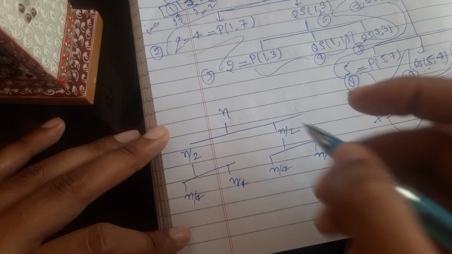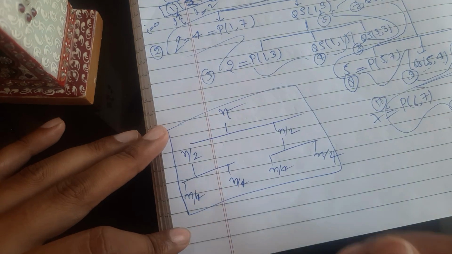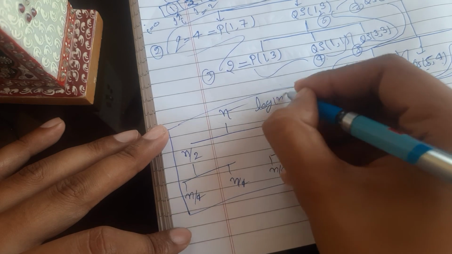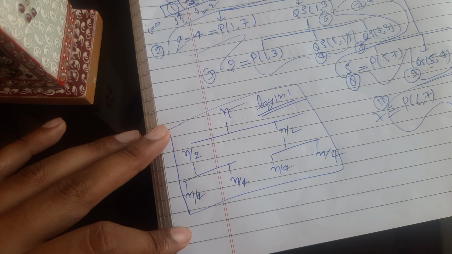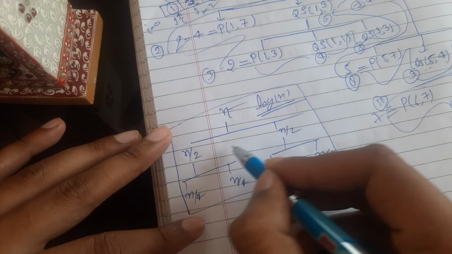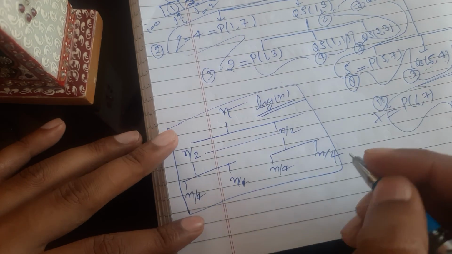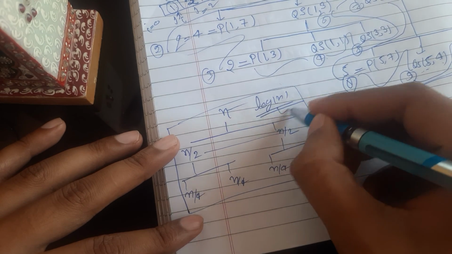It is a balanced tree. So if there is n input, then the height of the tree is log n. You understand or not? So in the best case, when we divide the elements in equal halves, the space complexity of the quicksort algorithm is log n.